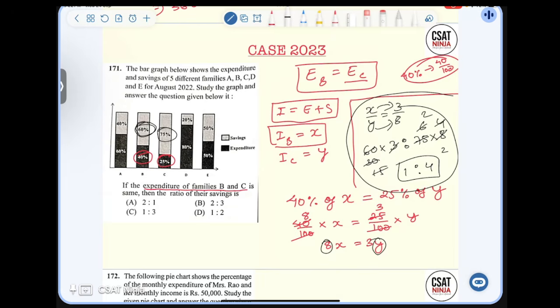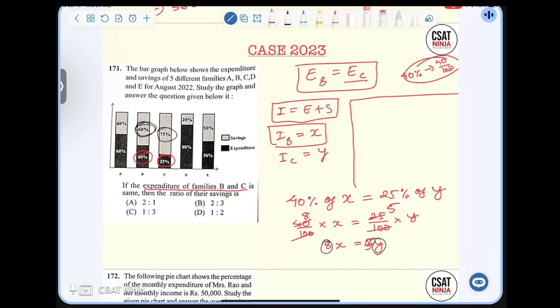Oh yes, that's a problem. Thank you for that. So 5y here. I'm very careless in calculation. So now I can write it as x divided by y is equal to 5 by 8. So I can write it as 60% of 5, 60 into 5, equals 75 into 8.